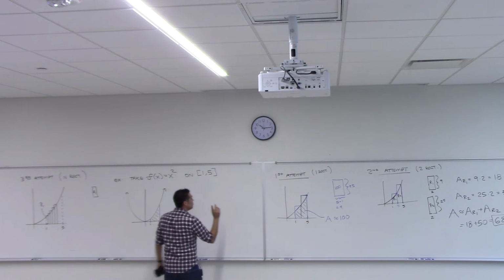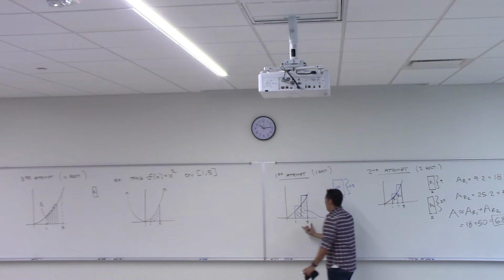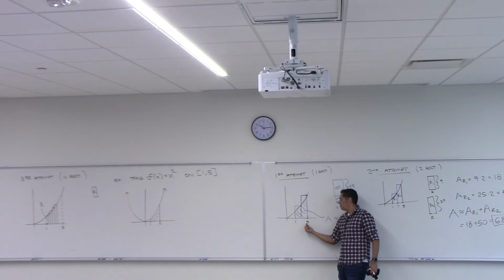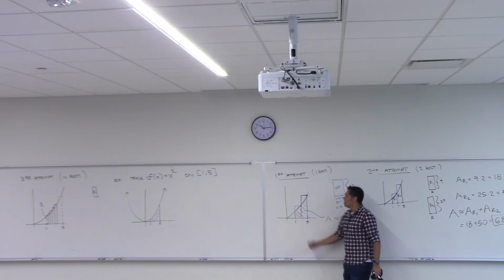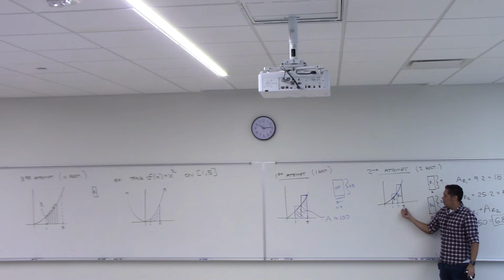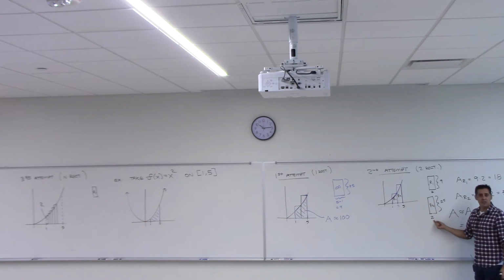So back when we had 1 rectangle, how wide was it? Not 5, it was 4. It was 5 minus 1, 4. When we had 2 rectangles, each one was 2. How is that related? It's 4, okay, so good.